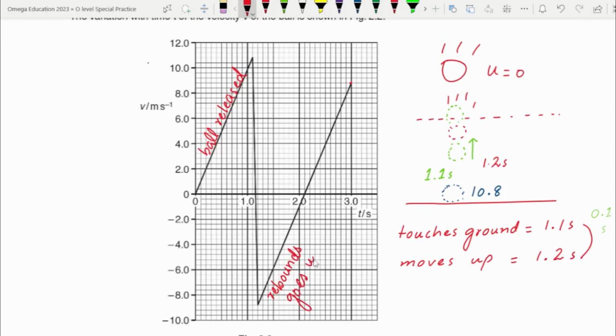So the ball is rebounded and is going upward, and this point is where the ball reaches the maximum height, and at maximum height, the velocity would be 0. And once again, after that, the ball's velocity is increasing, and there you have a maximum point, and this maximum point is once again the velocity just as it touches the ground.